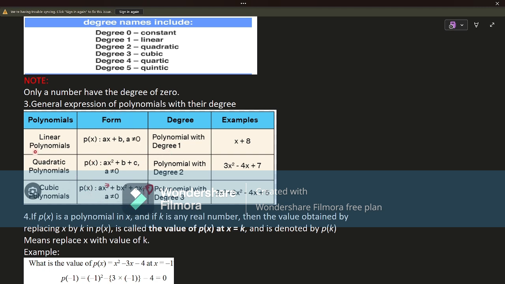Linear polynomial has degree 1, quadratic polynomial has degree 2, cubic polynomial has degree 3. This is the general expression, this is the degree, this is the example.